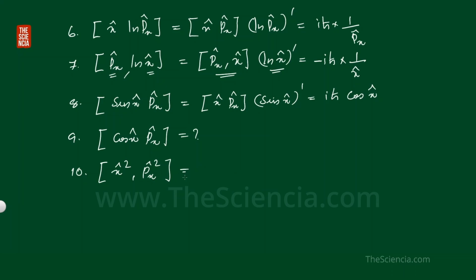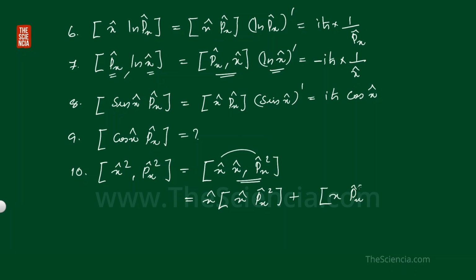So how can we solve this problem? First we can expand this function, that is x cap into px cap square. So this is equal to, first we can take the combination of x cap and px square, that is x cap into commutator bracket x cap, px cap square, plus now we can make the combination of these two, that is x, px cap square, into x cap.